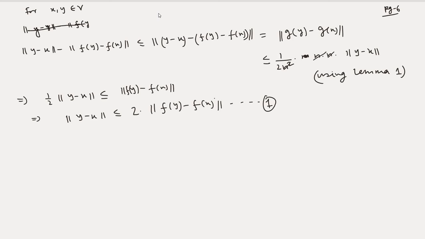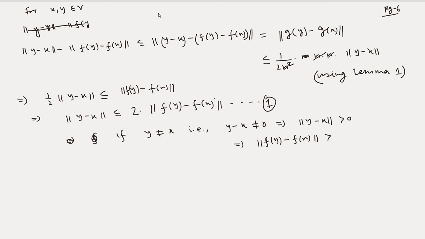Now if y is not equal to x, that is y minus x is not equal to 0, then norm of y minus x is greater than 0, and this implies 2 times norm of f of y minus f of x is also greater than 0.